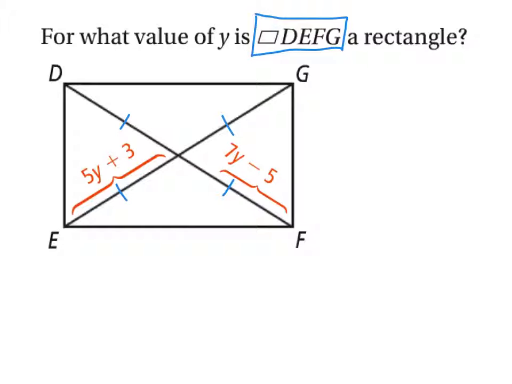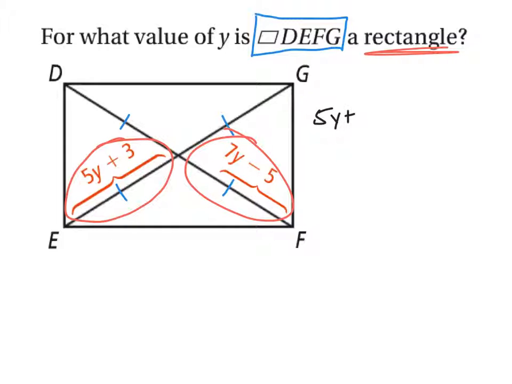Okay. And therefore, because we're not given the entire lengths here, we're only given this length of that segment. We're only given the length of this segment. Okay? That means, in order for this to be a rectangle, those 2 segments have to be congruent. I wanted to make sure to spell that out because you can't simply say, well, those 2 things have to be the same length unless you know why.